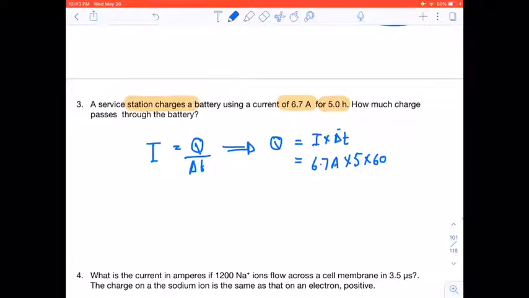Converting minutes to seconds, we multiply again by 60. And that would mean we got 120,600 coulombs, which is equal to 1.2 times 10 to the 5 coulombs if I leave it like that. Okay.